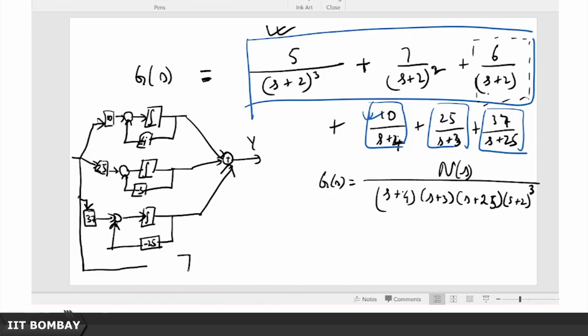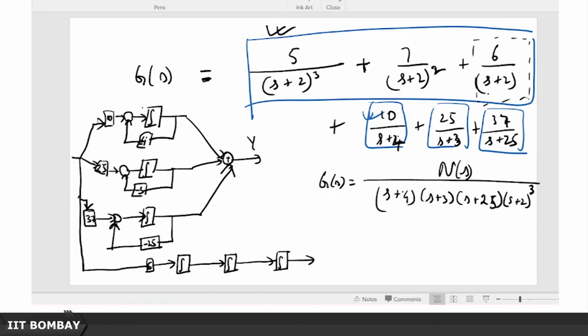Let me see, can I put them in series like this? Maybe, and then try and realize this, try and figure this out. So how am I going to do this in series? You first see this: let us say I pass it through 5 here, and then this goes through this first integrator, second integrator, third integrator.